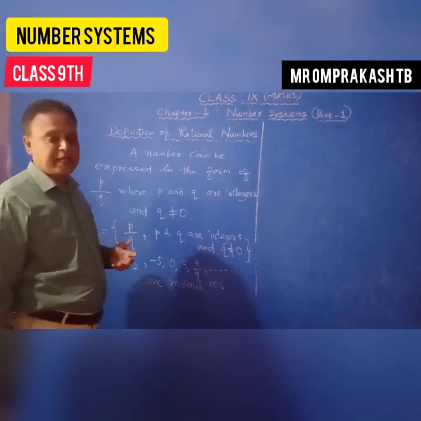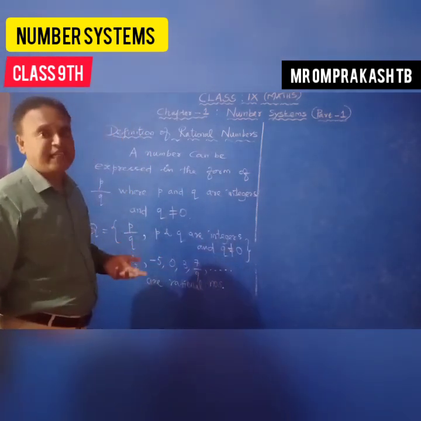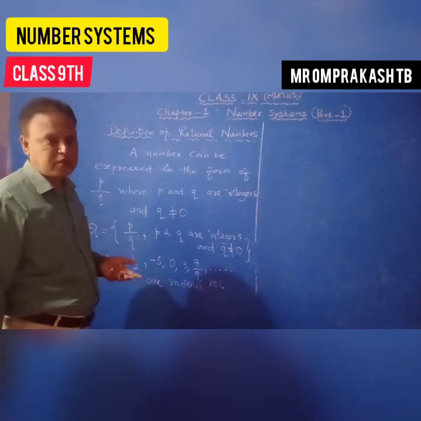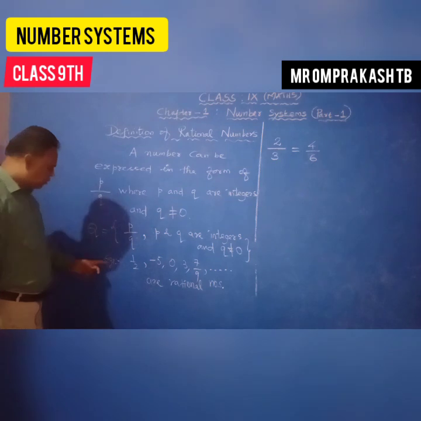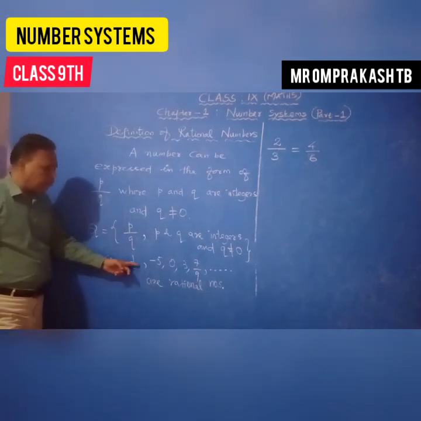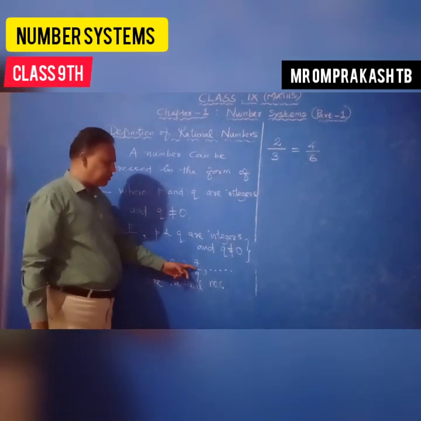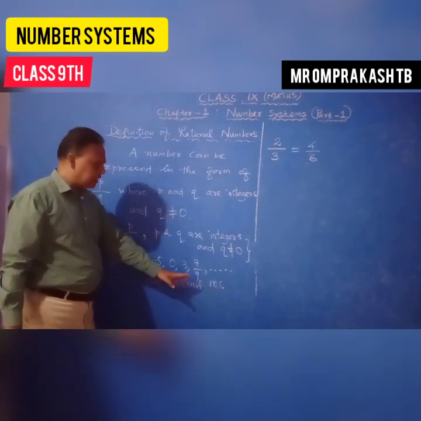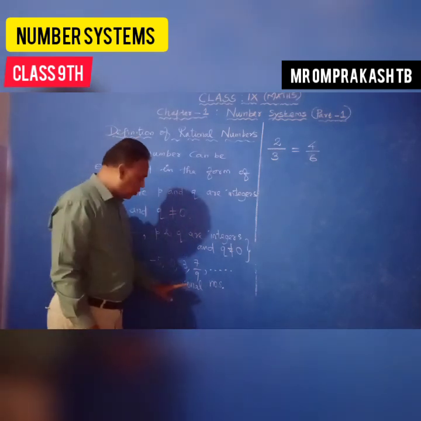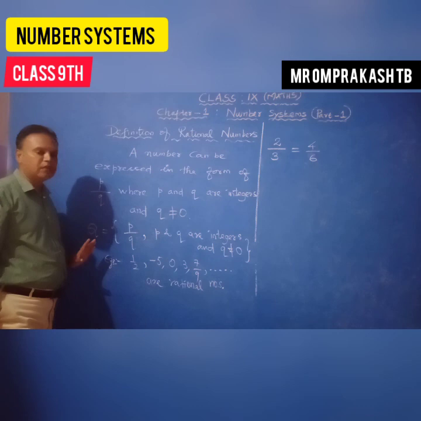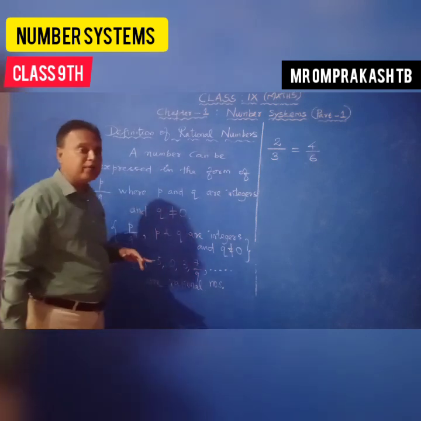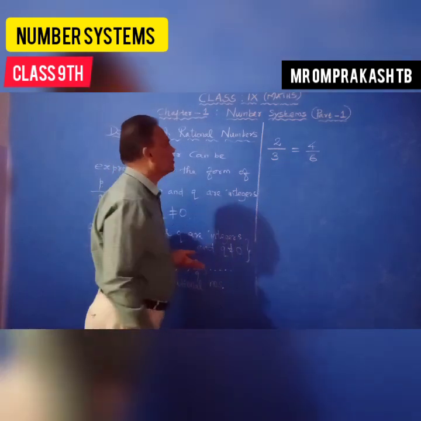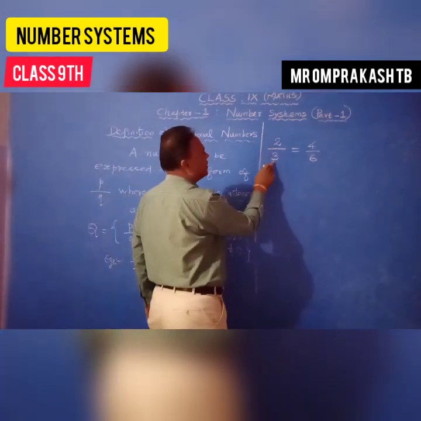Already in lower class you might have studied equal fractions. Examples 1 by 2, minus 5, 0, 3, 7 by 9, etc. are rational numbers. So all fractions are rational numbers. You have equal fractions, that is 2 by 3.